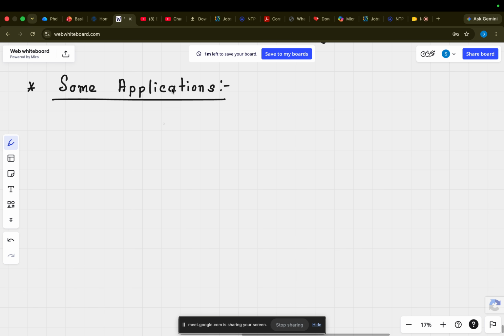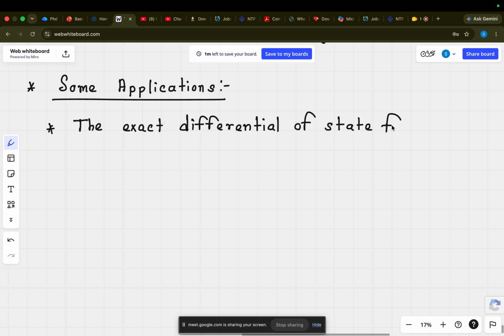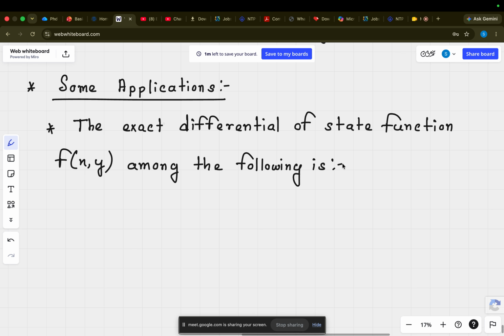Write down the question first of all: the exact differential of a state function of x comma y, among the following, is what?